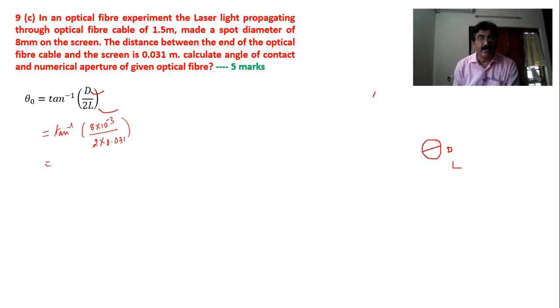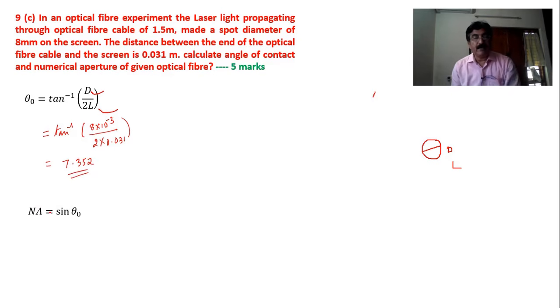Take the calculator and do it. Tan inverse of 8 into 10 power minus 3 divided by 2 into 0.031. Close the bracket, close the bracket. So it is 7.352. So the angle is 7.352 degrees. Very small angle of acceptance.